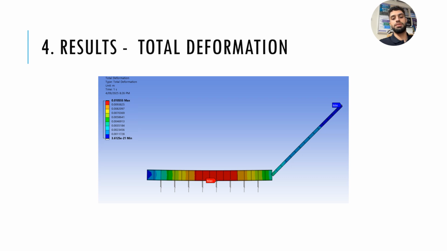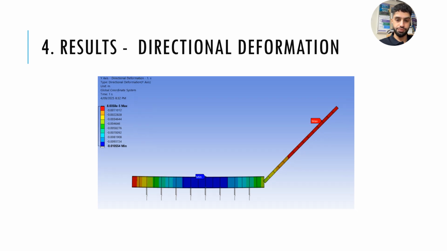So for the results, we have total deformation of 0.0105 meters, which is the max, about the middle section of the beam, and the minimum is at the top section of the link, hinge C. For directional deformation, we have the minimum situated in the middle, roughly, and the maximum, as you can see, situated there.